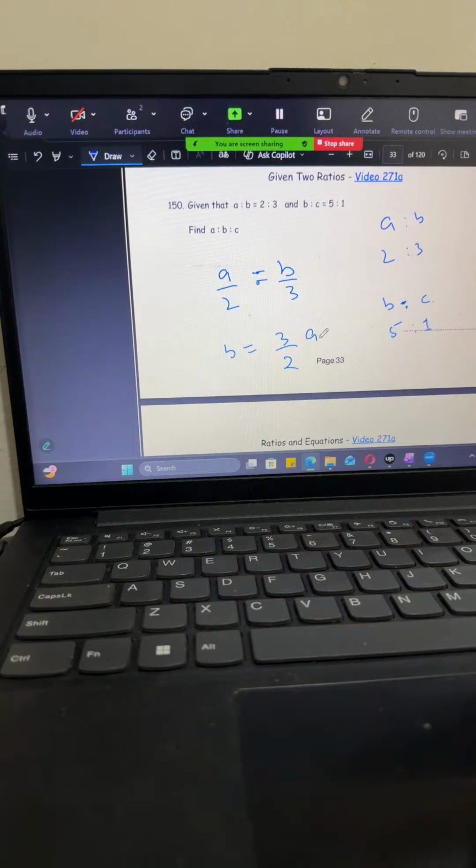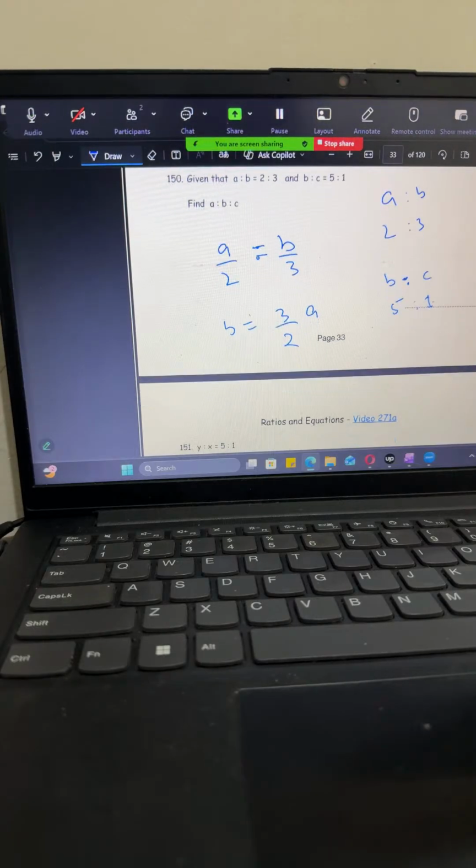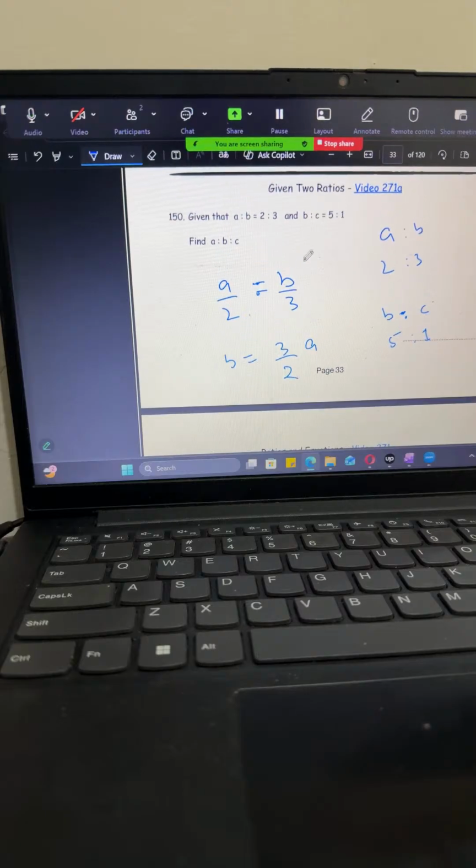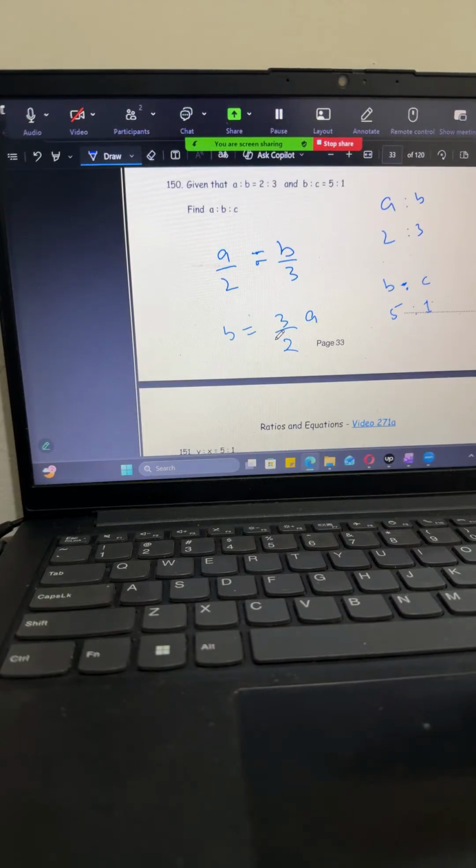If, let's say, B is 5, we can find the A when B is 5. So let's solve for A. A can be equal to B over 3 multiplied by 2, right?